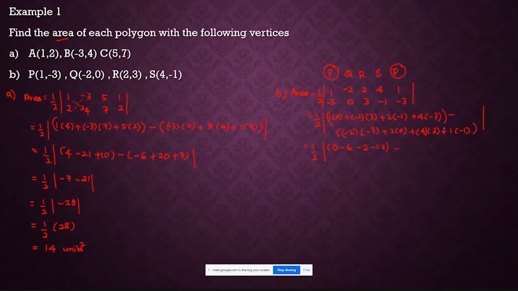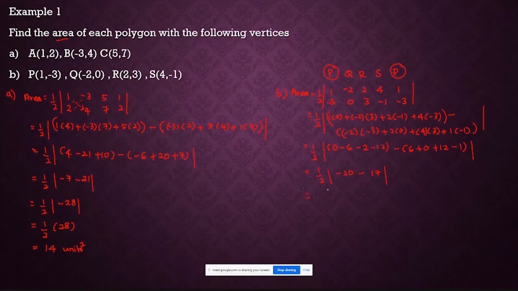Second part is negative 2 times negative 3, 6 positive, plus 0 plus 12 minus 1, 1 times negative 1. So equal to negative 6, negative 2, negative 8, then negative 20 minus 6 plus 12, 18 minus 1, 17.